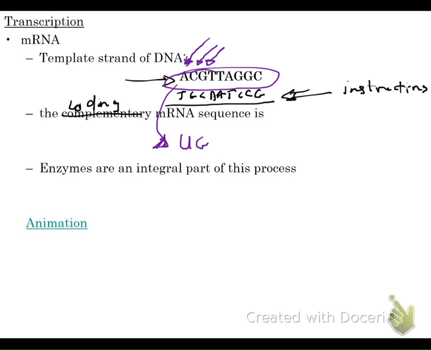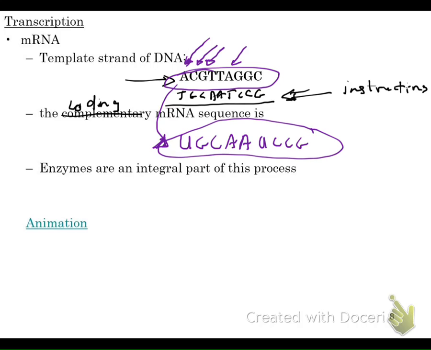G. What's the complement to G in RNA? C. Now we have two T's, which would be A, another T would be A. We would have a U, a C, and a G. Now I'm going to go through this again with you, but this is what our messenger RNA sequence would be.